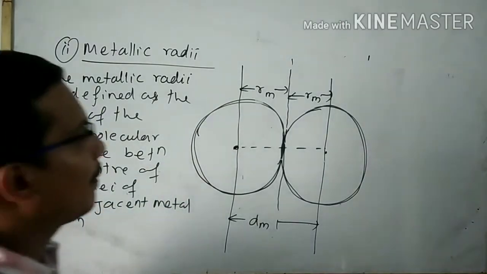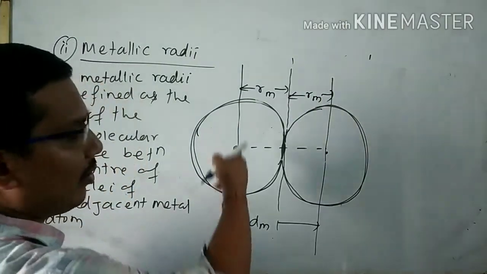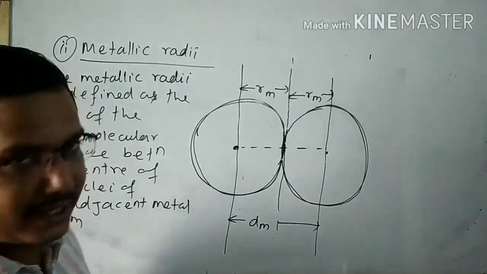This is the metallic radii. This is your diagrammatical representation for metallic radii.